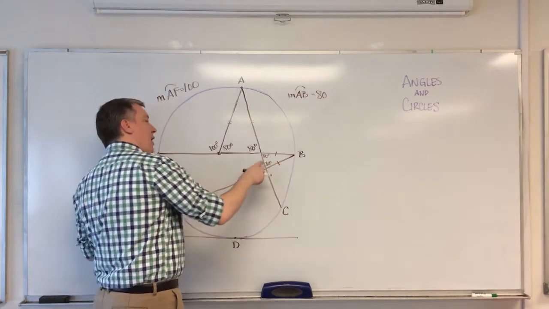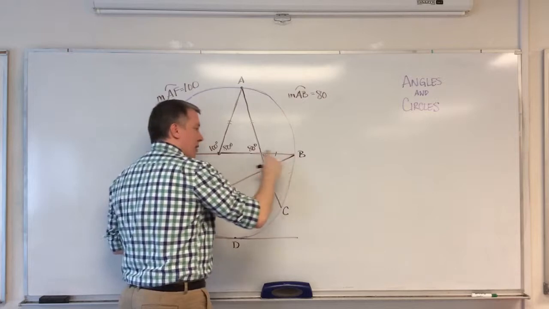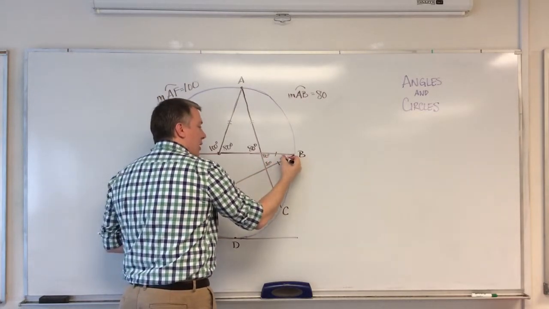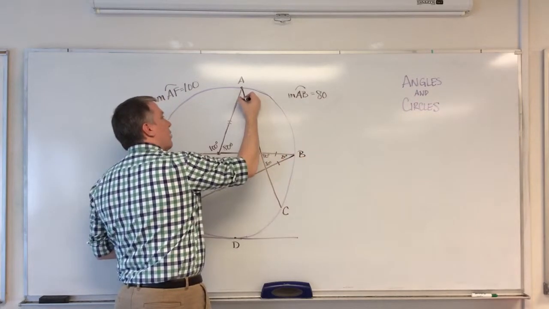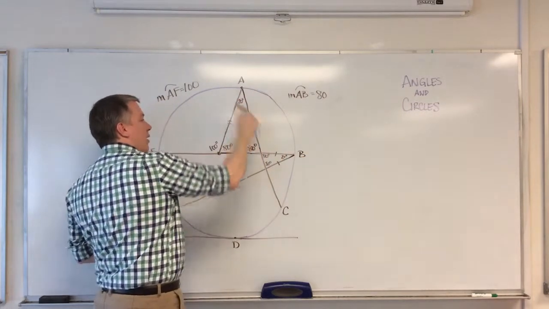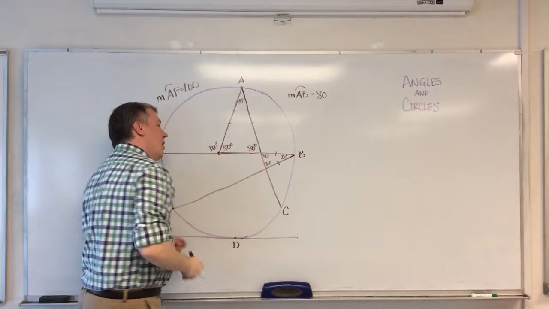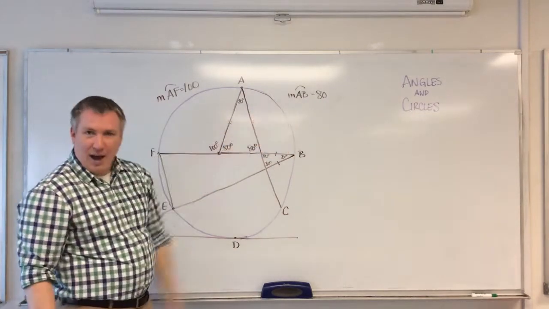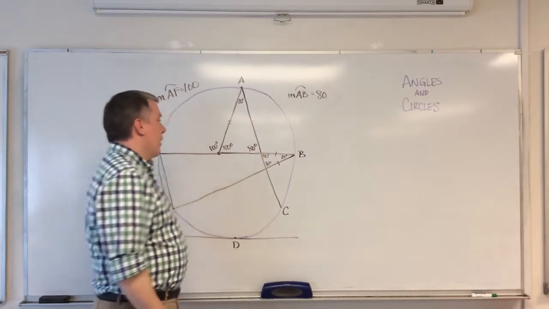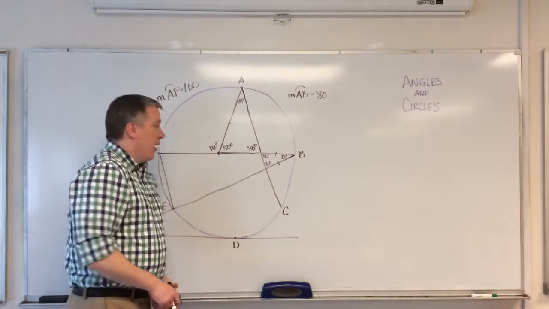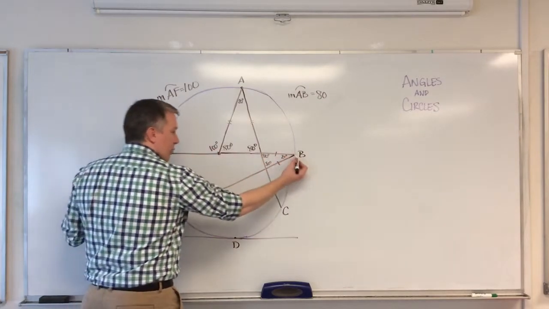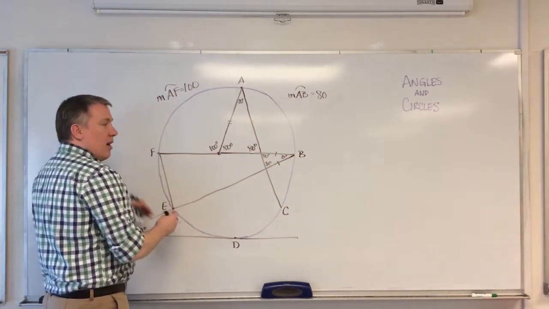Well, since I've got 3 angles in a triangle, they've got to add up to 180. I need this to be 20 degrees, and likewise up here, 20 degrees, so that the angles inside of a triangle add up to 180 degrees. Okay, and from there we can keep going. Here I've got an inscribed angle. If I go from F to B to E, that's inscribed.